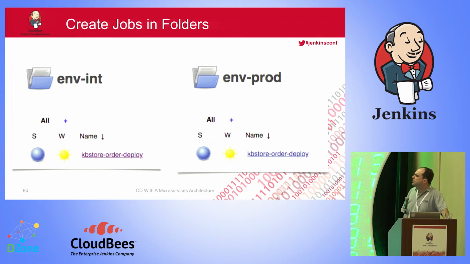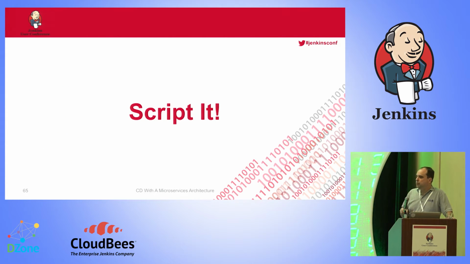And so the fact that I can do that could be handy, I think, when you have more than, I'm just talking about a fixed set of environments here, but when I want to add additional environments, maybe I want to add them on the fly, being able to script it and being able to create a folder where each folder contains the same set of jobs becomes useful.